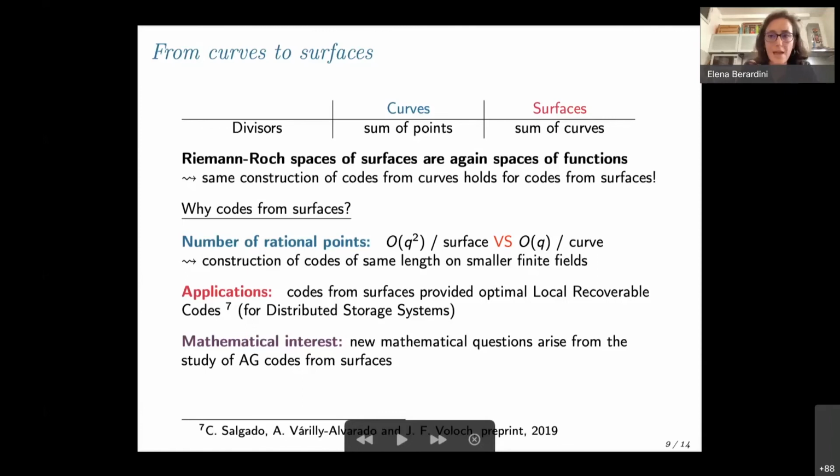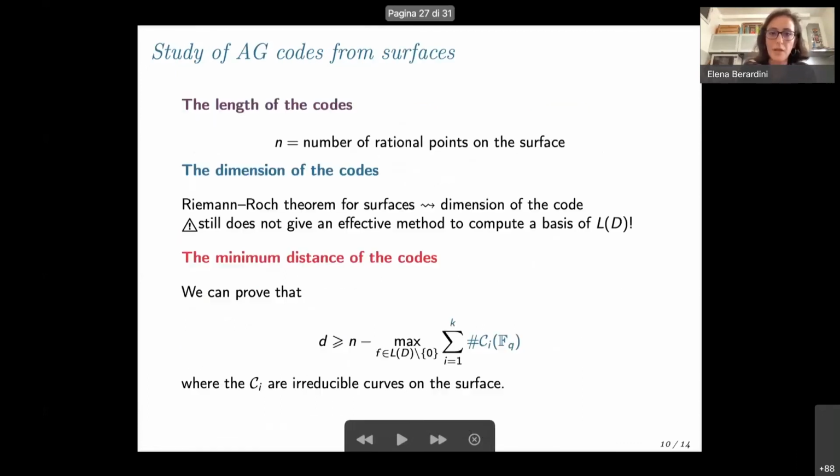The main point here is that we know less about surfaces, and we are not capable, for instance, of computing Riemann-Roch spaces in every case for surfaces, as is now true for curves. So what we can say, of course, is that the length of those codes is bounded at least by the number of rational points on the surface.